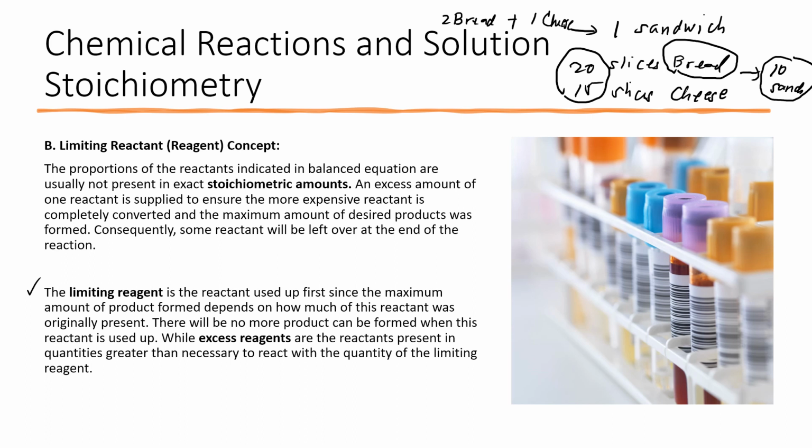So, dito kasi kailangan ng 2 slices ng bread para makaproduce ng isang sandwich. Samantalang isang slice ng cheese lang ang kailangan to produce one sandwich. Diba? Okay, so yun. Ang limiting reagent natin ay yung bread. Ganun. Ang excess reagent naman natin ay yung cheese. Ganun yan. Okay?